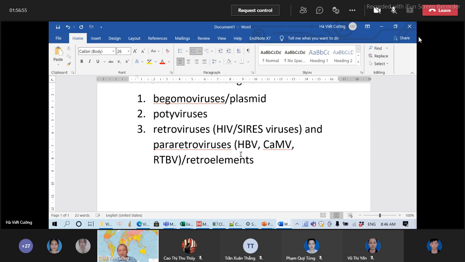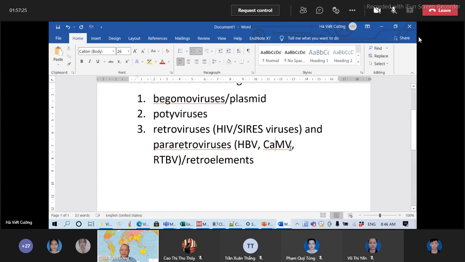If you want to transfer a gene into the plant, you must construct the recombinant plasmid containing the gene you want to transfer. So you have to know about cauliflower mosaic virus because it is very important, very popular, okay? And the promoter sequence in the plant vector comes from what? Cauliflower mosaic virus, okay? Yep.